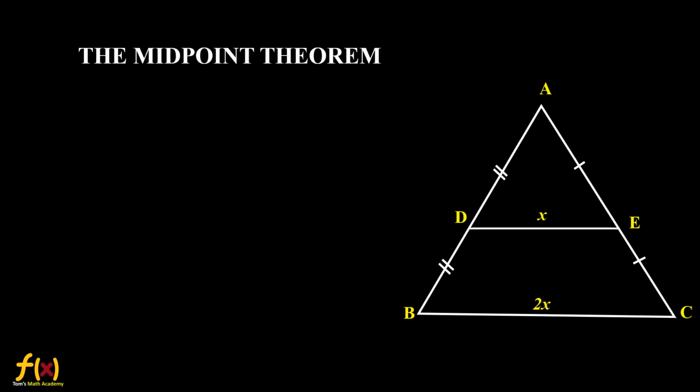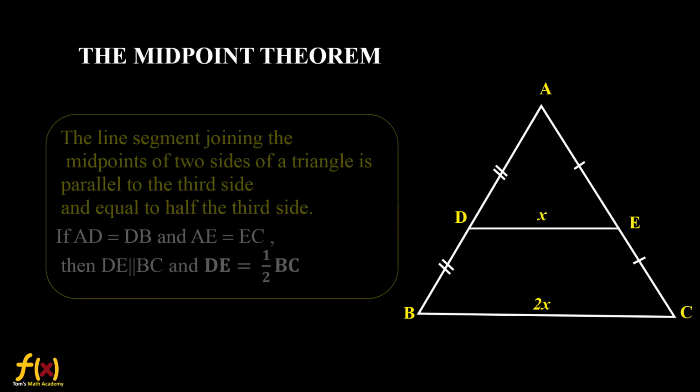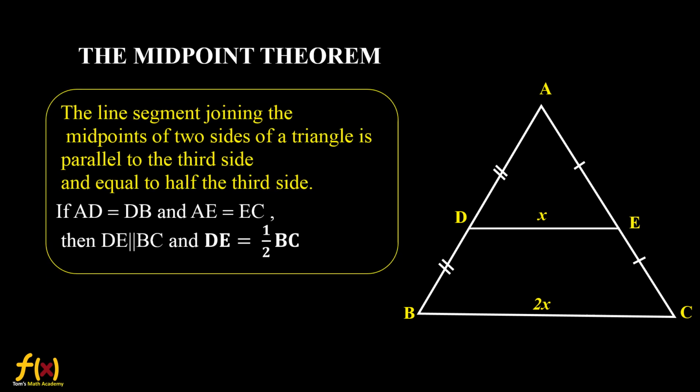Again, the midpoint theorem. The midpoint theorem is a special case of the proportionality theorem. The line segment joining the midpoints of two sides of a triangle: you can see that the midpoint is D, and another midpoint, of AC, is E. If you join these two midpoints, you can also see the notations or symbols there.